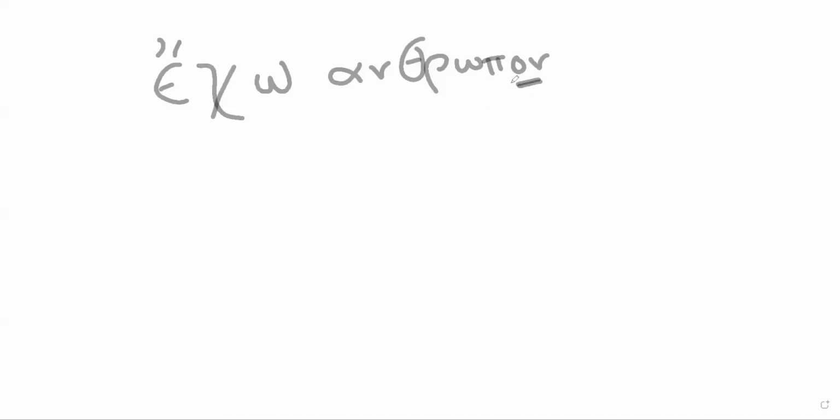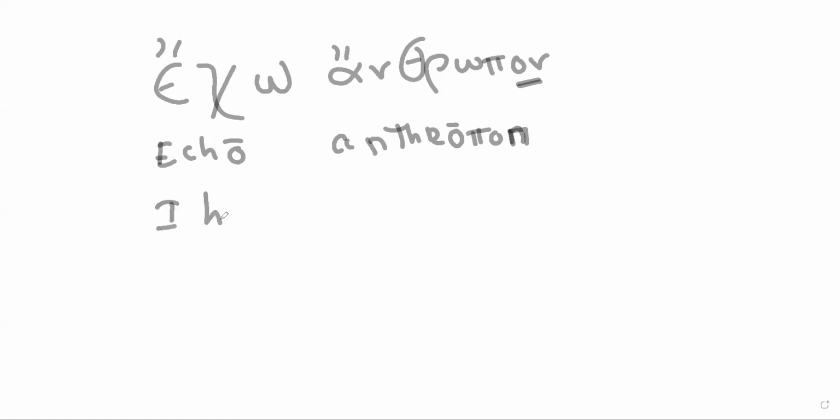The transliteration is echo, with a long O, and then anthropon would be anthro, a long O, pon. It's an N here. Anthropon, and it means I have man.